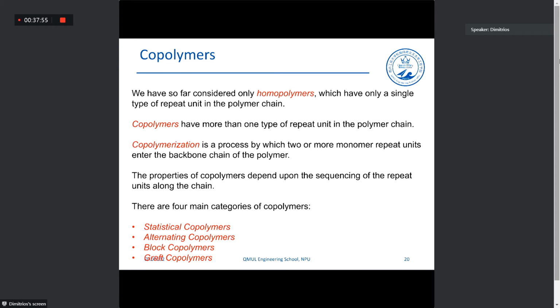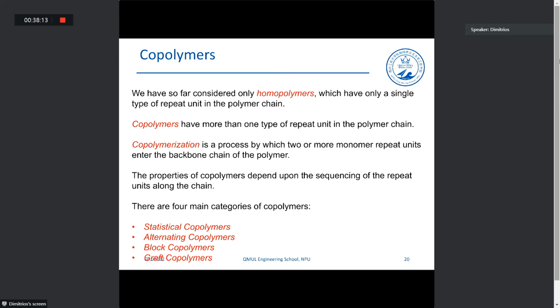So we create copolymers by copolymerizing two monomers together. We create a main polymer chain where we control where the repeat units are, how many repeat units we have, and we control the bonding.